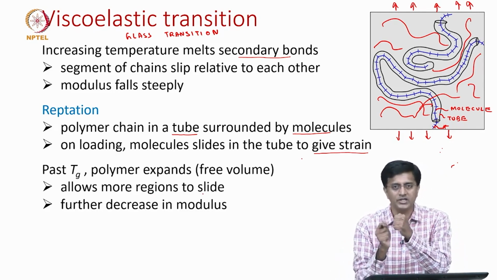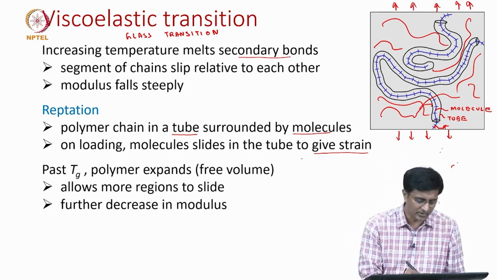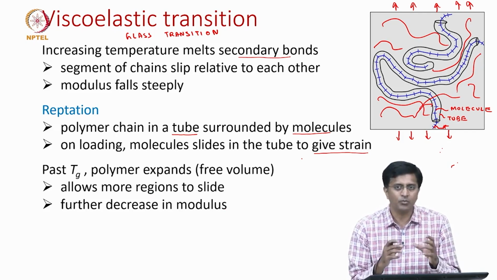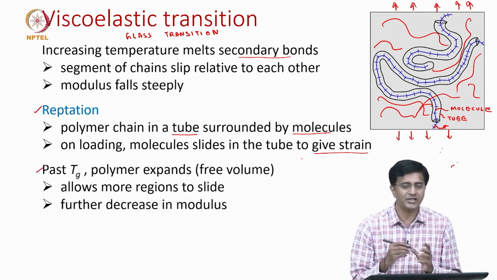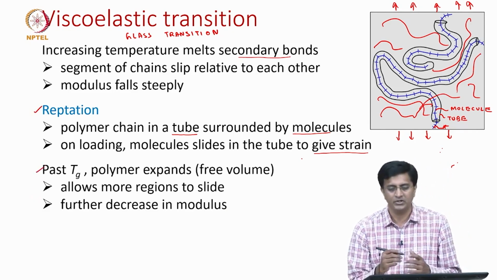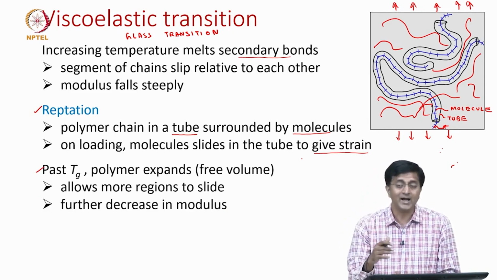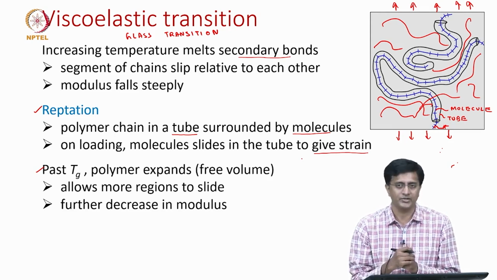The molecular chains are free to move past each other, and this further decreases the modulus. So, the decrease in the modulus is a combination of reptation as well as the increased free volume. This is the reason why we see a large decrease in the modulus, by several orders of magnitude.